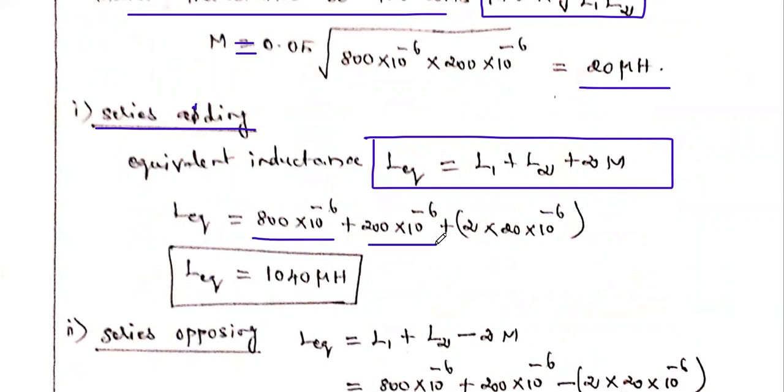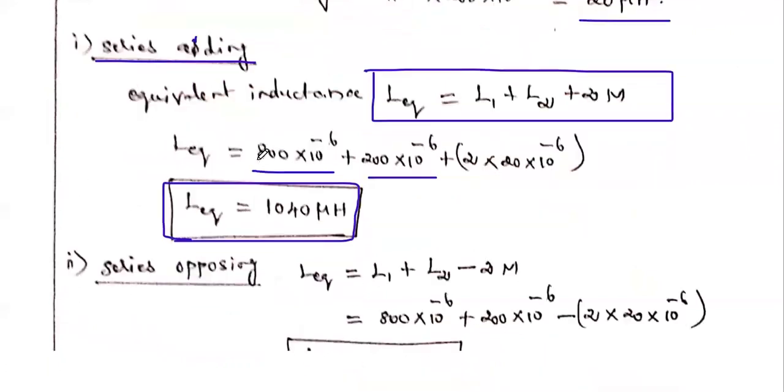L2 is 200 micro. Then plus 2 into M. What is M? 20 micro. So 2 into 20 micro. In all the terms 10 to the power minus 6 is common, so you take it outside and add all the elements. We get 1040 microhenry. So the L equivalent value is 1040 microhenry in series aiding.